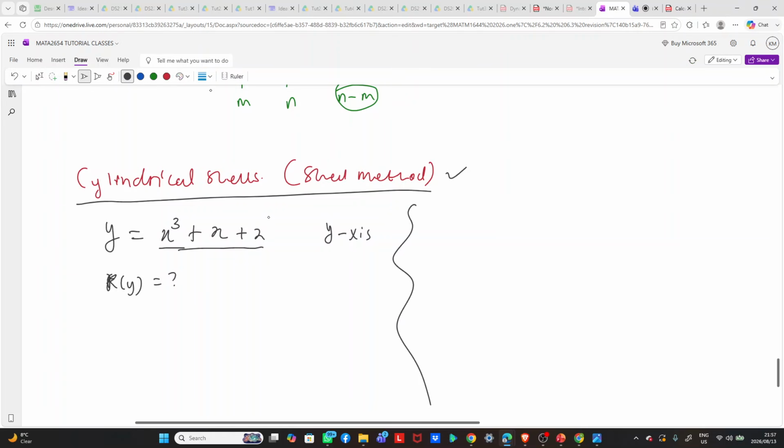Say you are going to be rotating about the x-axis, or a horizontal line.